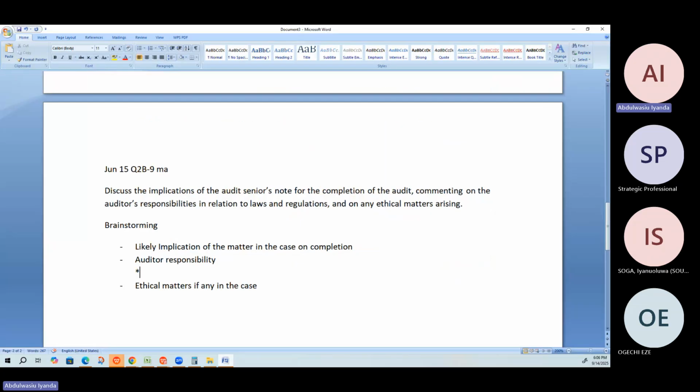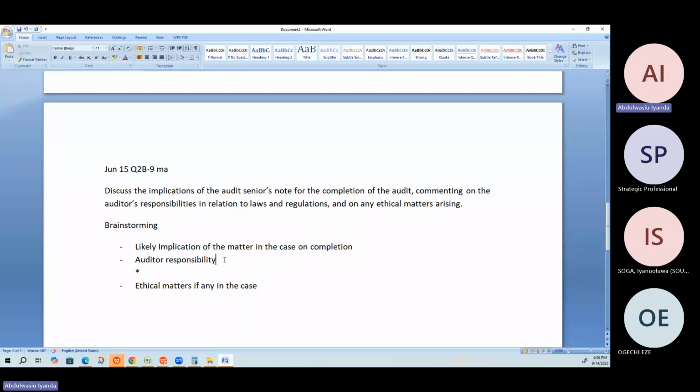So what I just want to point out is that on this particular part, it will be different from the first one that we just talked about. What you are expected to write here is the action that you should take as the auditor.